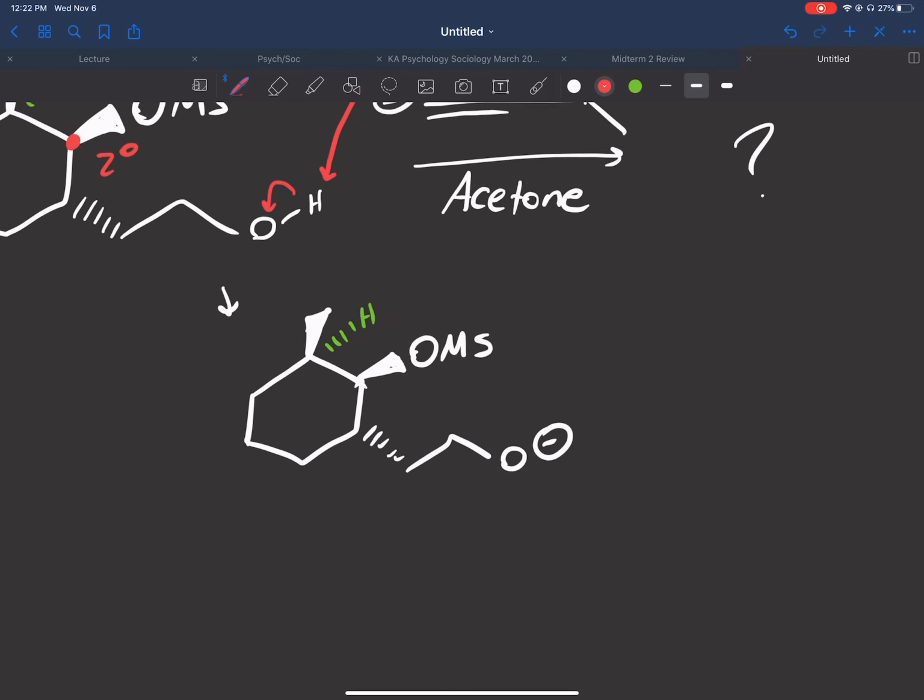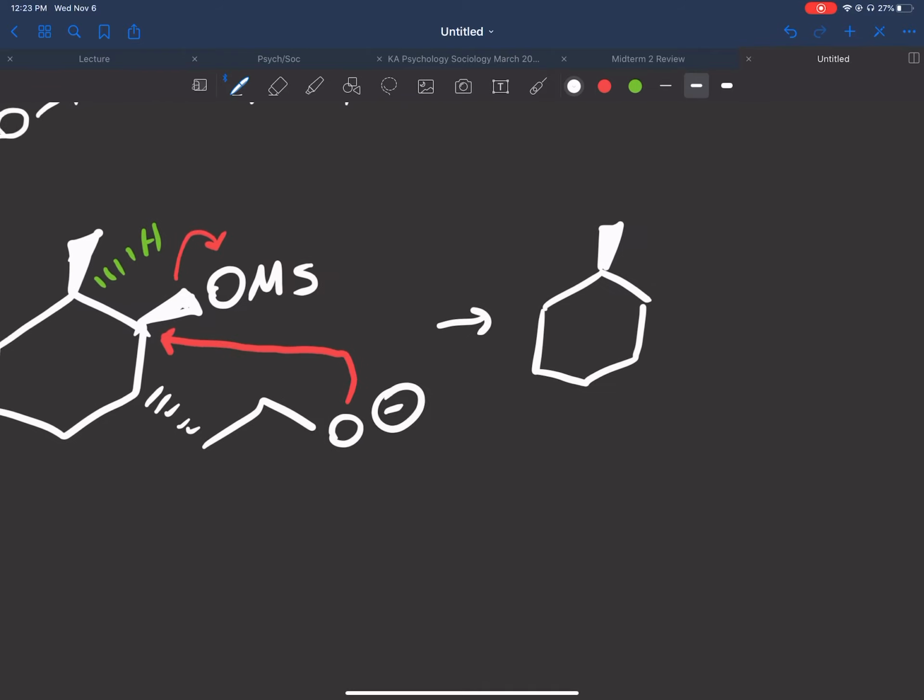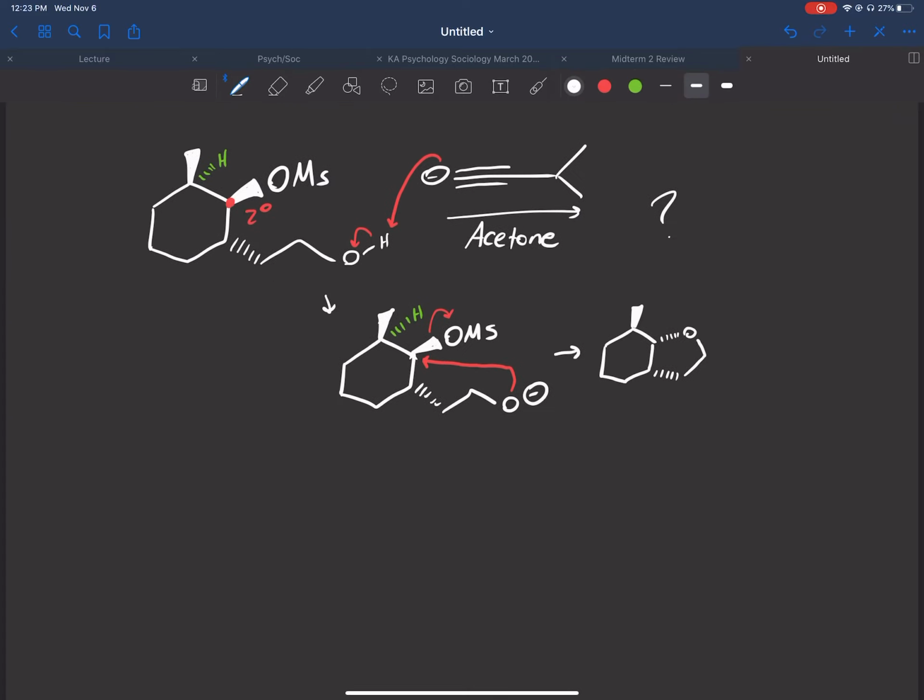And so what it can actually do is attack the carbon with the good leaving group and kick out the OMs. So what we're actually going to get is this weird looking structure like this. Oh, sorry, remember, we invert stereochem. And that would actually be our answer.